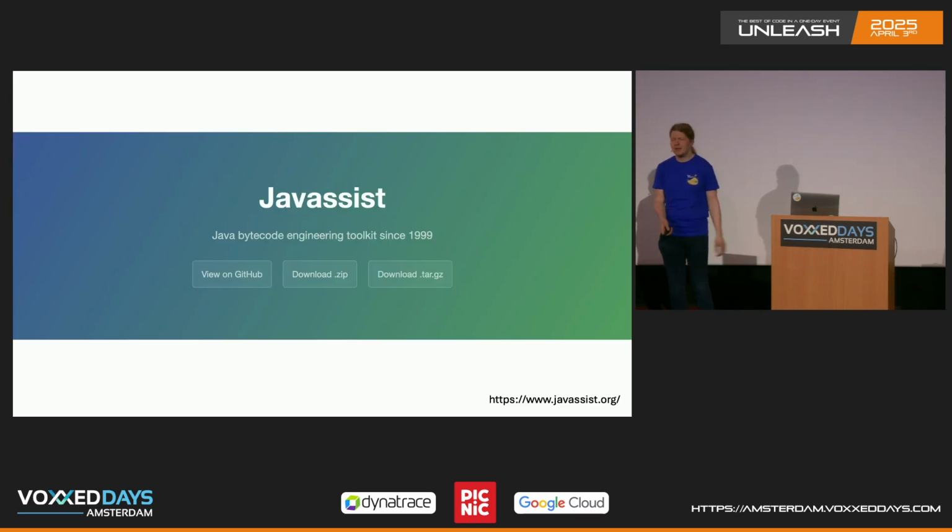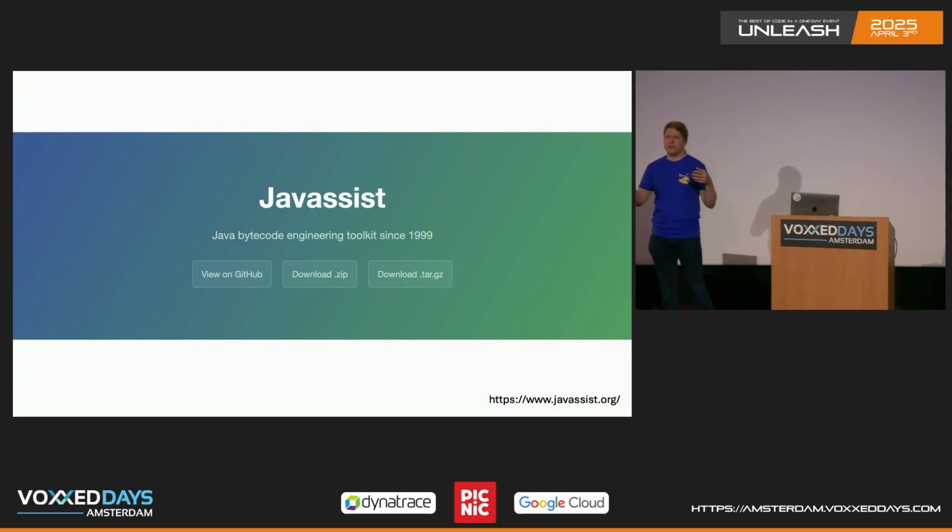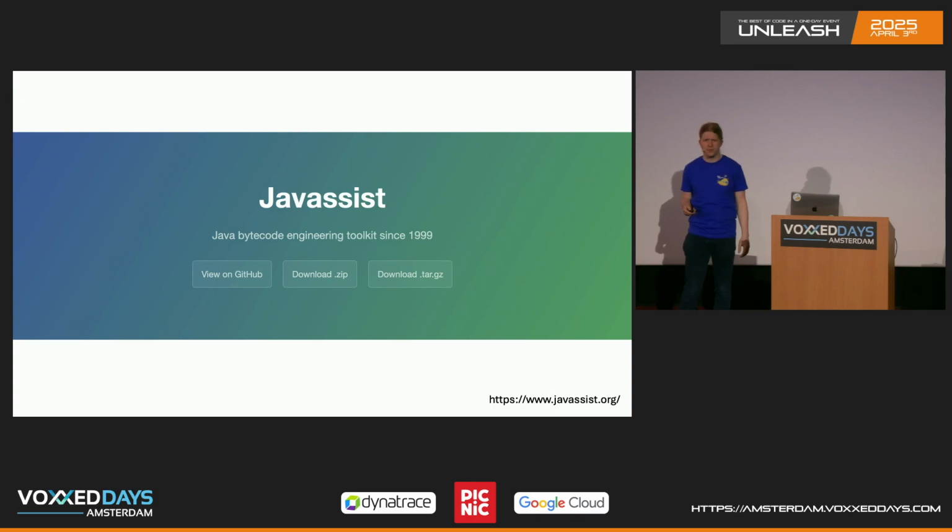So people had these problems before, and one of the libraries that helps with this is Javassist. It's a library from the JBoss application server space, and this essentially allows us to write Java code and insert it directly, and this compiles down the Java code to bytecode and inserts it, and it makes it so much easier to work with.